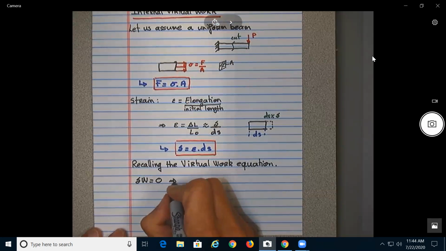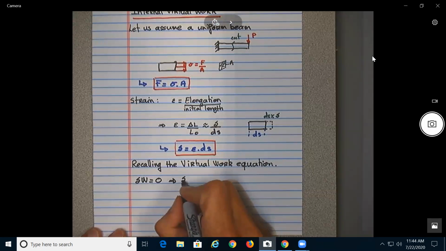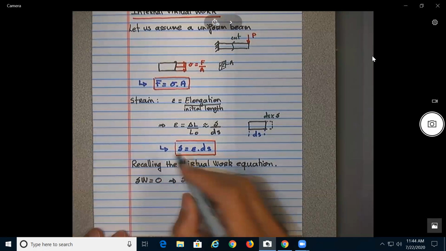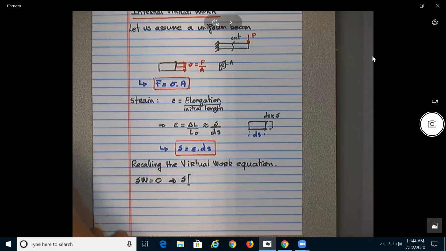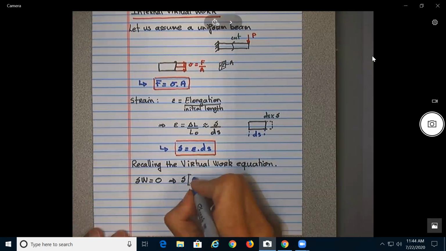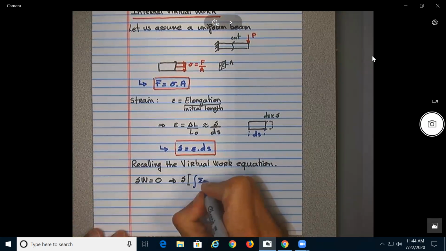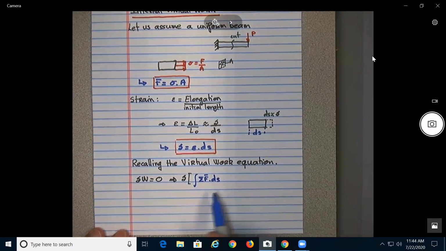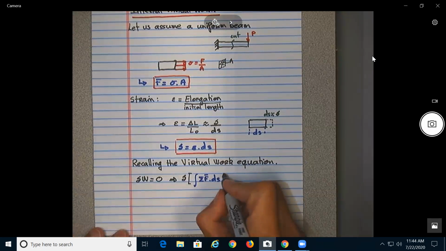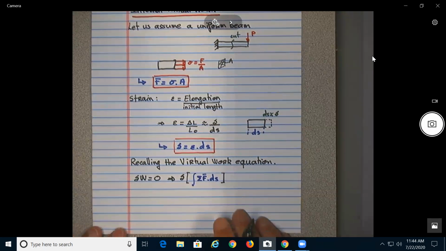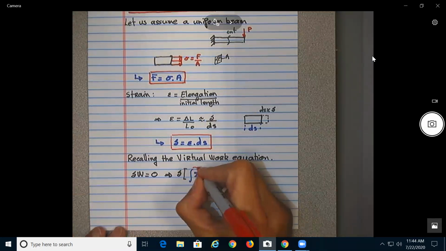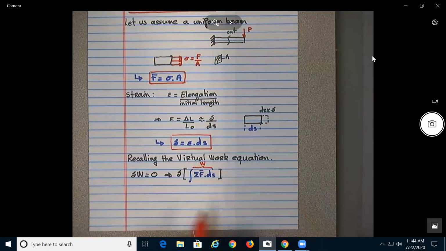And what is work? When I did the derivation, remember, work is forces times distance, no? So if I do multiple forces, it will be the integral of forces times ds, where this is W, the work.